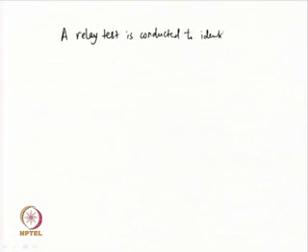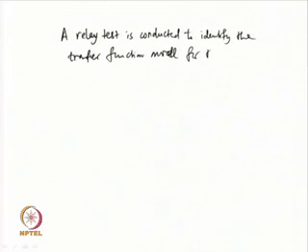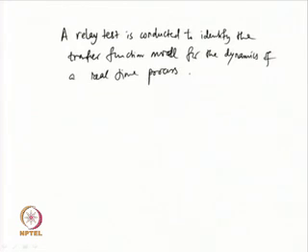Now, I will go to the analysis first. Initially, a relay test is conducted to identify the transfer function model for the dynamics of a real time process or plant.